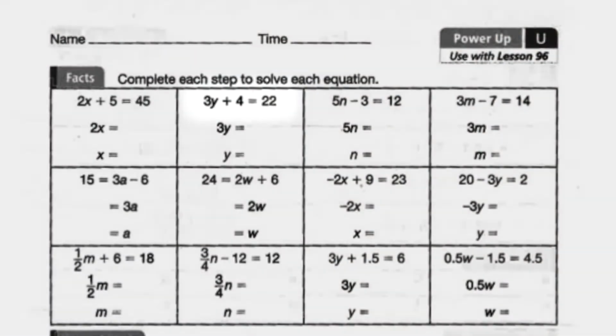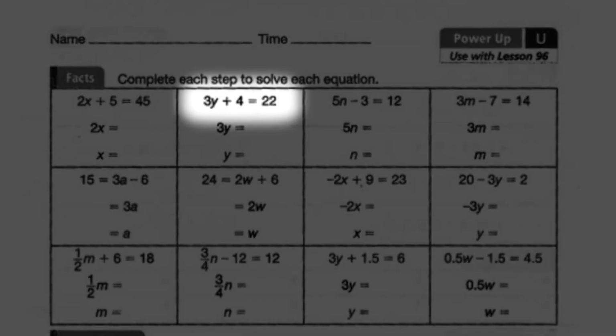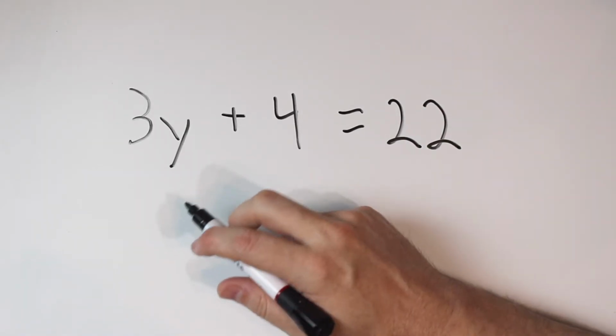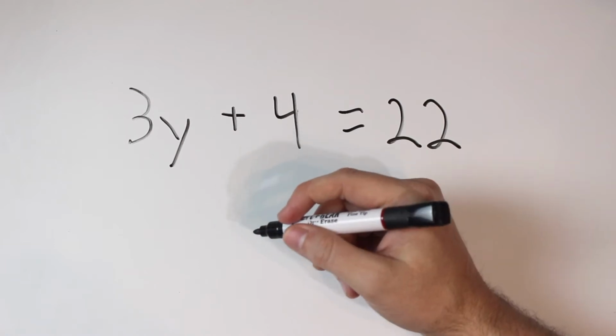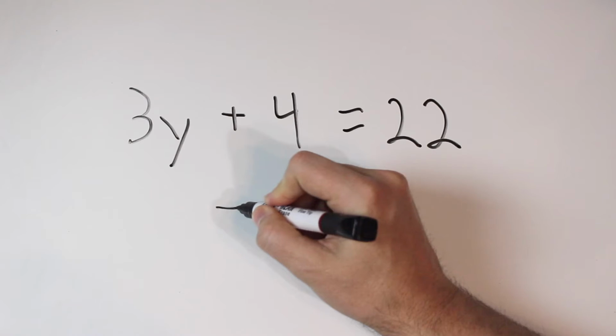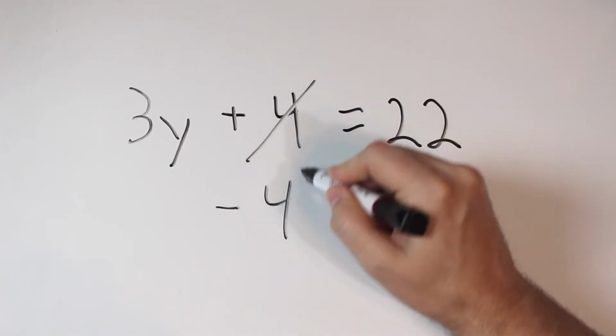Next up is 3y plus 4 equals 22. This problem looks very similar to the last one. So let's remember the steps. First, we undo the addition part. Subtracting 4 from this side cancels the 4. Subtracting 4 from this side leaves us with 18.